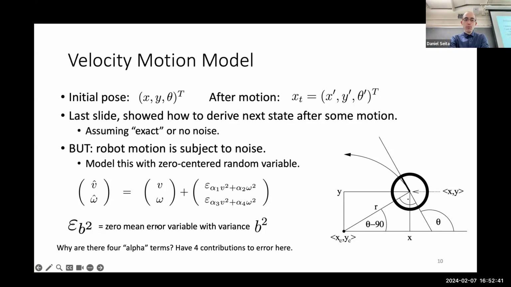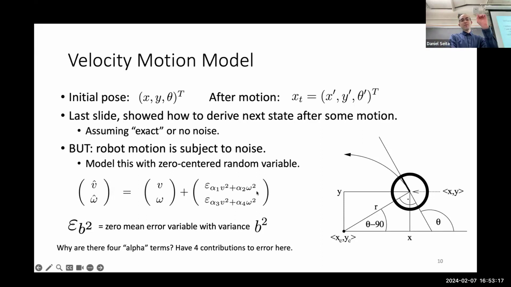This is a zero mean error variable with variance based on the thing in the subscript. For our motion model, we assumed last slide that you could express the next state as equal to the current state plus something that is a function of your v and omega. Now we're just going to change things and use v hat and omega hat instead of v and omega. Then everything is basically the same.